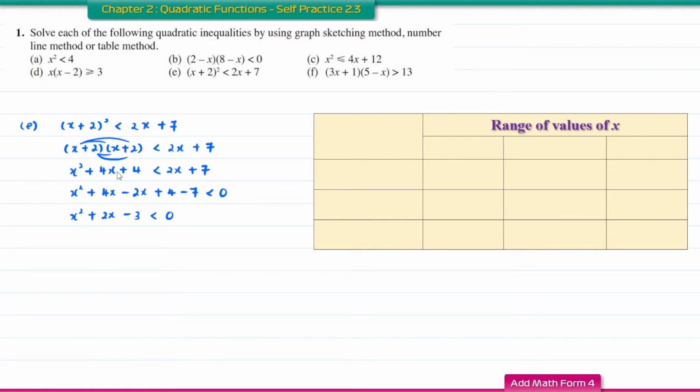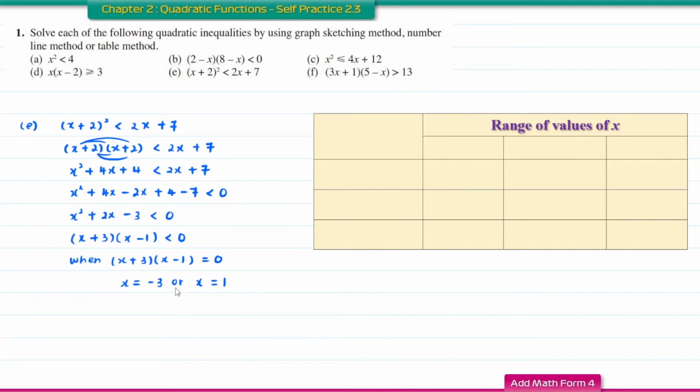Next, we're going to do the factorization. So it's going to be (x + 3)(x - 1) less than 0. Next, to find the roots, we're going to let this quadratic inequality equal to 0. So when (x + 3)(x - 1) equals 0, x is equal to negative 3 or x is equal to 1.